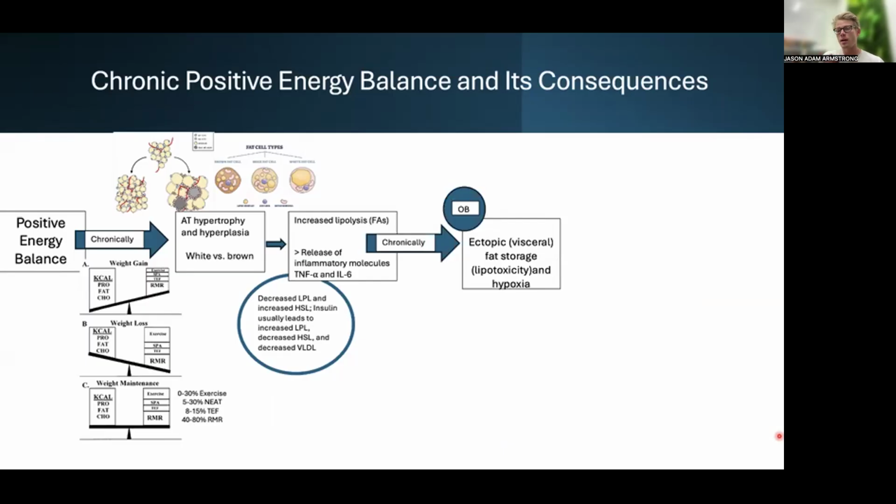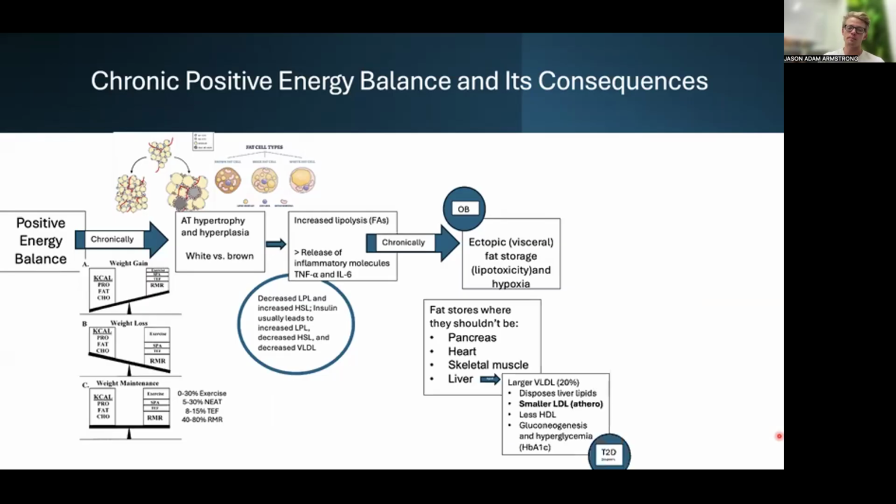So when fat is stored where it's not supposed to be, we actually start to see tissue death. Because our blood vessels are not designed to weave in and around these large accumulations of fat, particularly in places where they're not supposed to be. So we have increases in fat storage in the pancreas, the heart, skeletal muscle, and the liver.